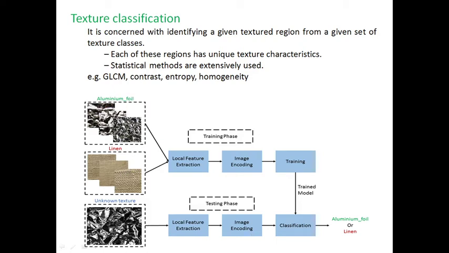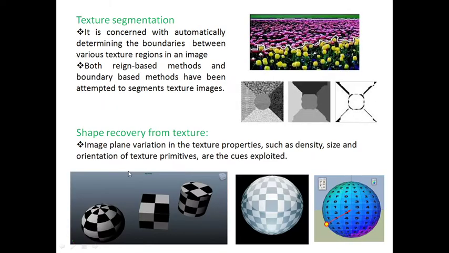In order to find out which category or family the input image texture belongs to, I have some statistical methods by which I can classify. There are GLCM, contrast, entropy and homogeneity. These statistical measures I can use in order to classify the given texture image.